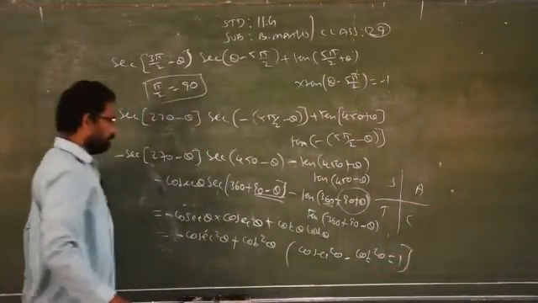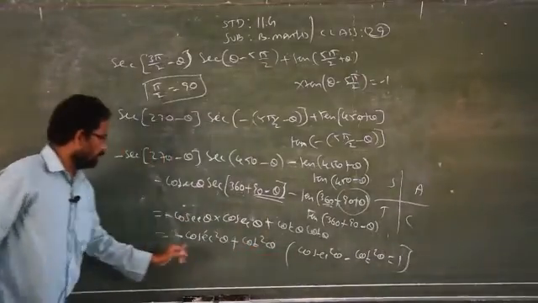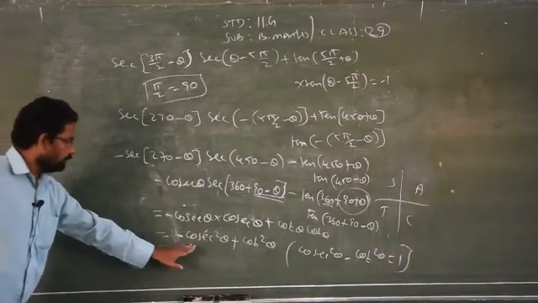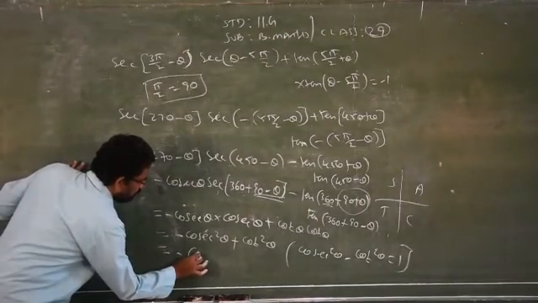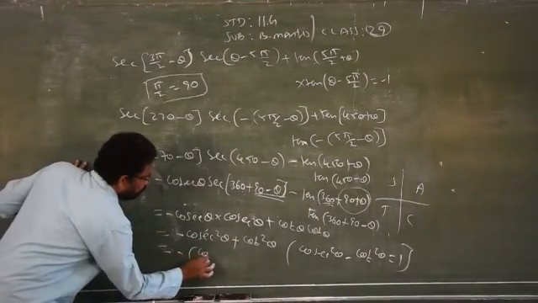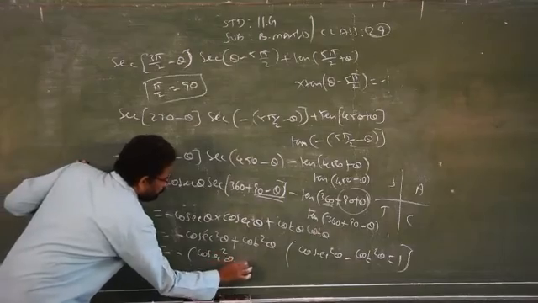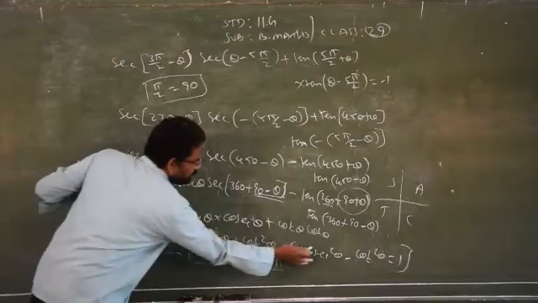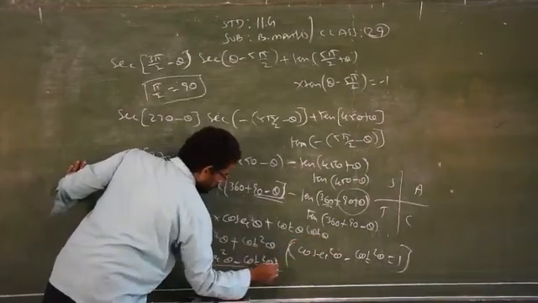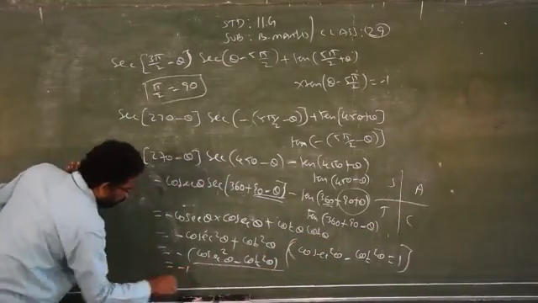This is your identity. Based on this identity, you have to write, if you take minus outside, we will get cosecant square theta minus cot square theta. So this will become how much? Identity 1, trigonometric identity, therefore this will become minus 1.